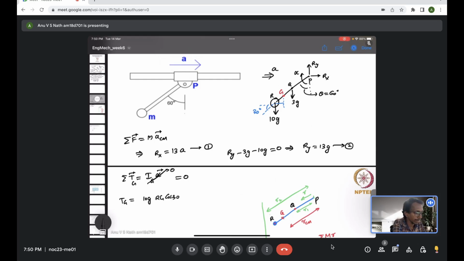Now 3g, which is acting at Q, is creating a clockwise moment, so the sign will be negative: 3g times QG, again projected in the cos 30 direction.